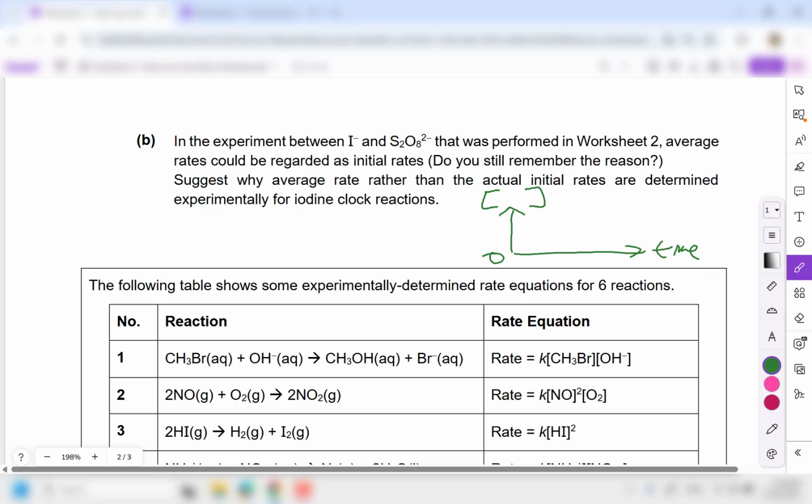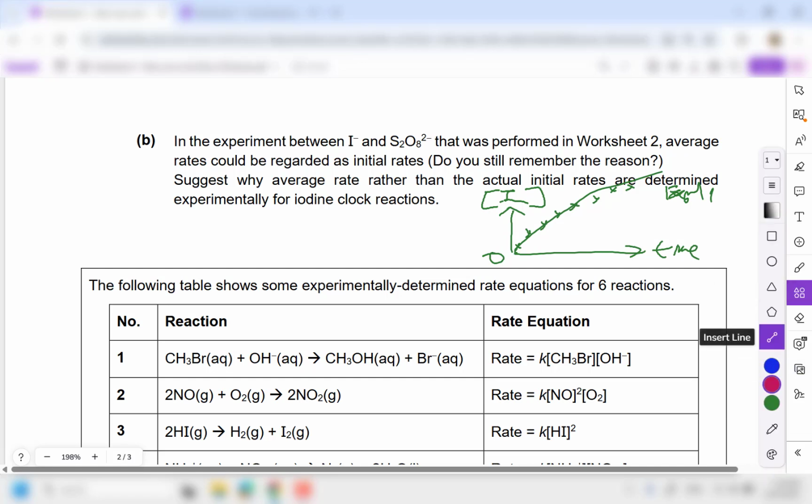So maybe it's iodine here. And then we need to plot across all the points for all the experiments. For every experiment we have to track the amount of iodine produced at every juncture. Then we draw a curve. So assuming that this is experiment 1, we can then determine the initial rates. So initial will be like this.